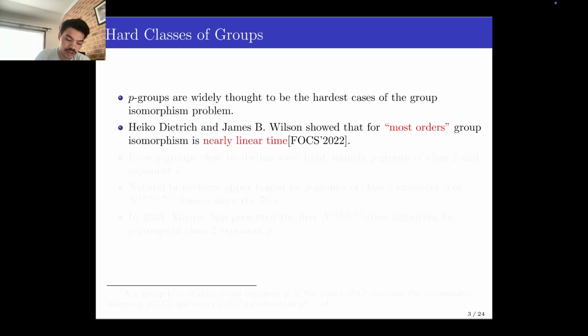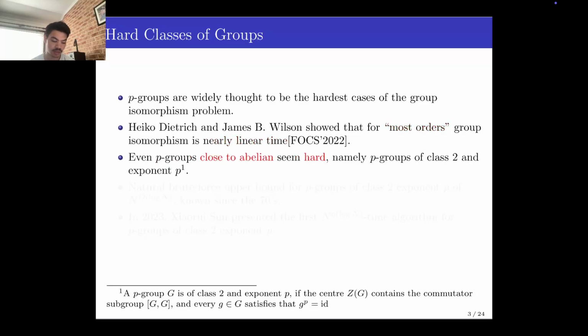We also have work due to Higman in the 60s, and also work on the enumeration of finite groups, which suggests that p-groups are the hardest case of group isomorphism. And even the p-groups close to abelian seem hard, namely the p-groups of class 2 exponent p.